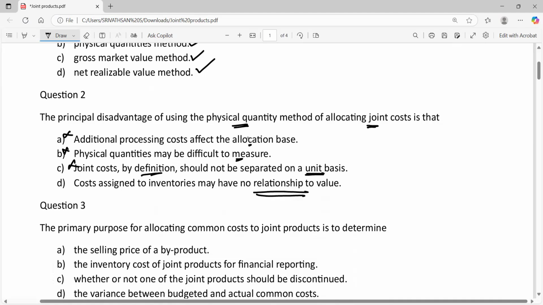What they are saying: for example, let's say as a result of the process, we get two products, product A and product B. Both products have significant market value, so we can call both product A and B joint products. Let's say we have produced 1,000 units of product A and 10,000 units of product B.